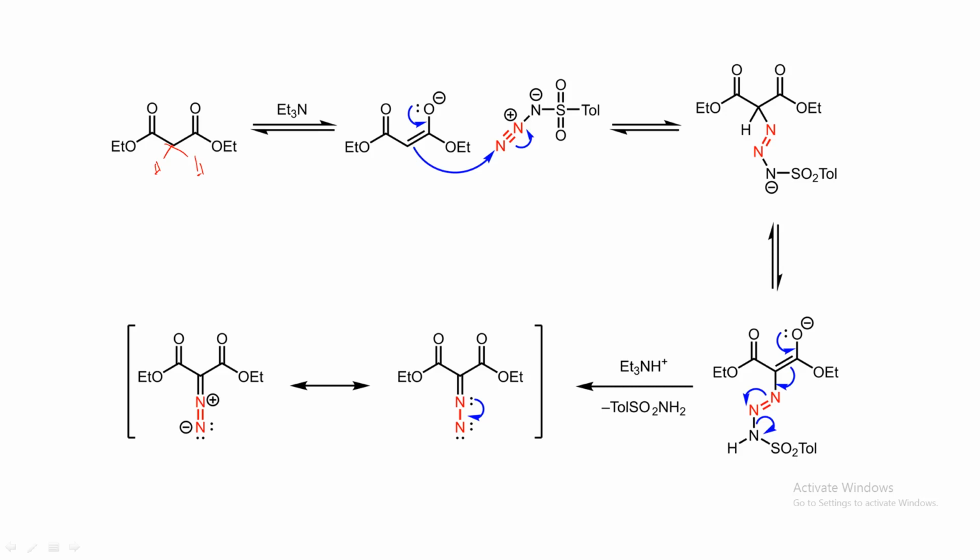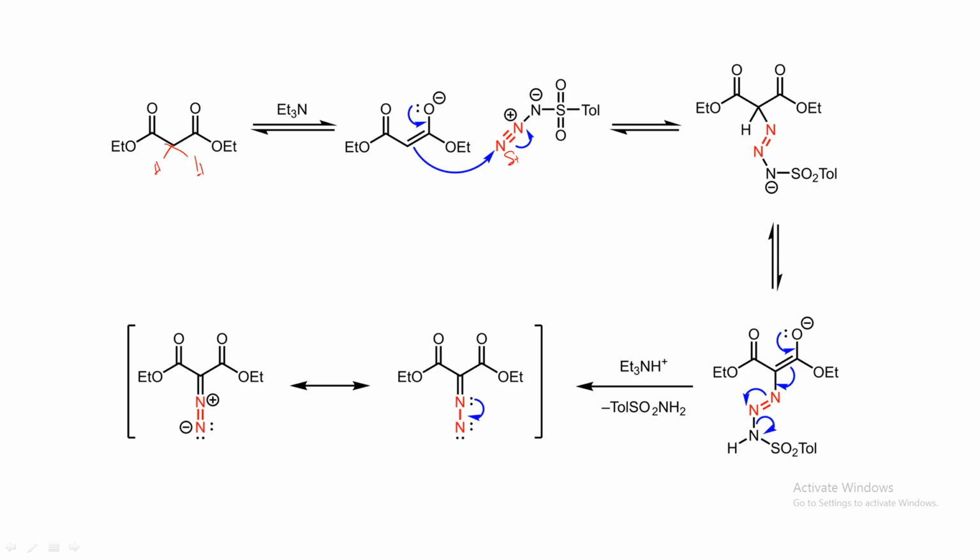And here you can see this particular resonating form, this nitrogen is electron deficient and prone to attack, and this is the electrophilic center, and that's how this particular enolate at first attacks this nitrogen atom and it generates this particular molecule.